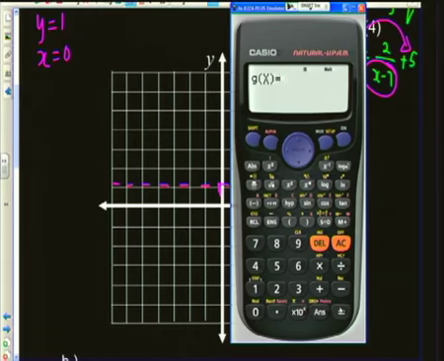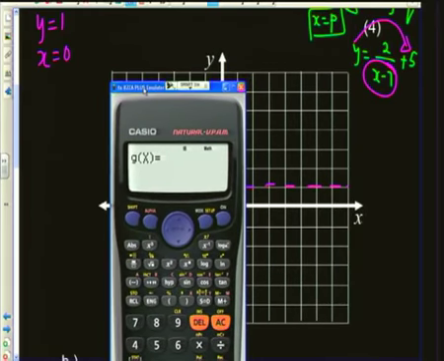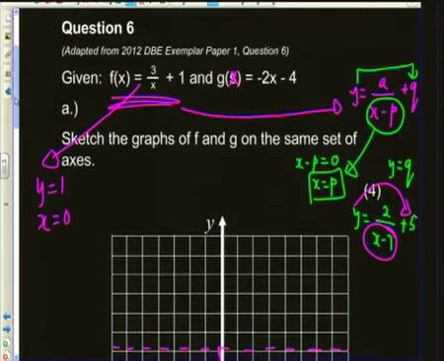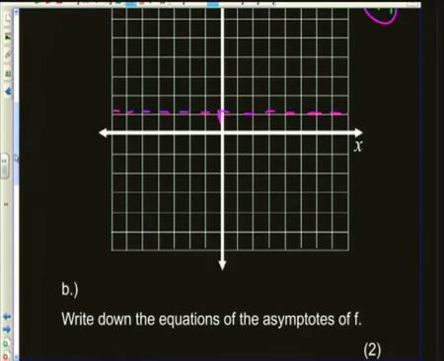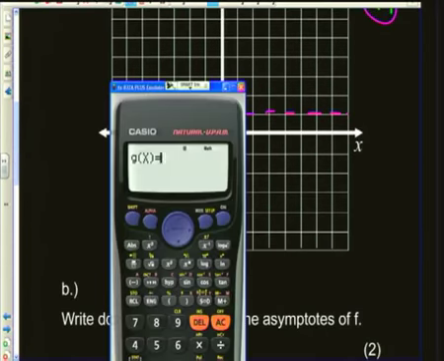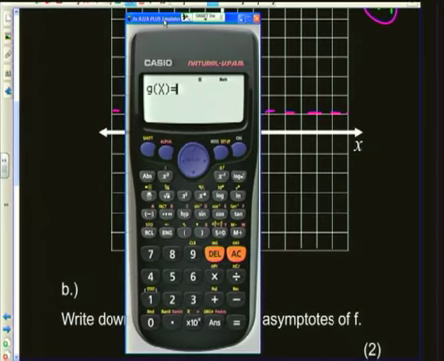The next one, let's just double check the function there, it's minus 2x minus 4. So g of x is minus 2x minus 4. Now, you tell your calculator where to start.